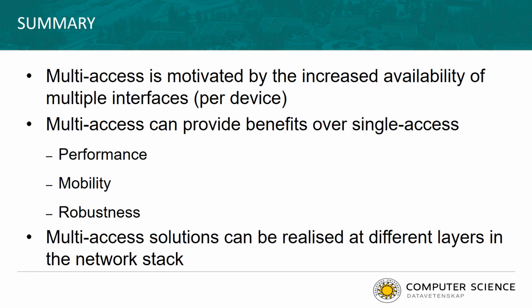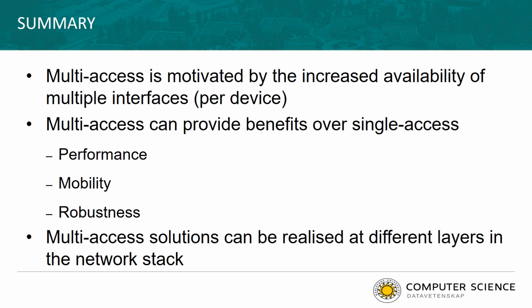So to summarize this introduction, multi-access is motivated by an increasing availability of multiple interfaces in our user terminals and in our devices. And multi-access can provide a number of benefits over single access. So it can provide increased robustness because if one link fails, another link is available and your communication can still continue without interruption.